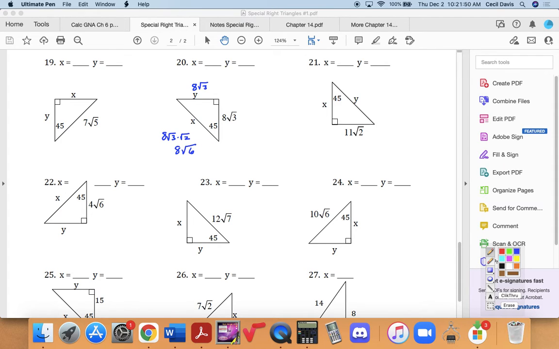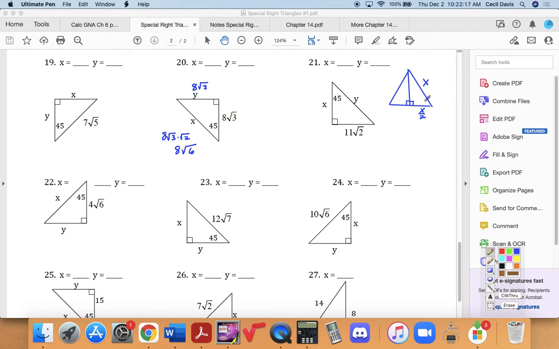I think that's the hardest thing, to remember, well, wait a minute, which time is it 2 and which time is it the square root of 2? And for me personally, I always go back to, if you start with an equilateral triangle and cut it in half, whatever this was, this is half of that.